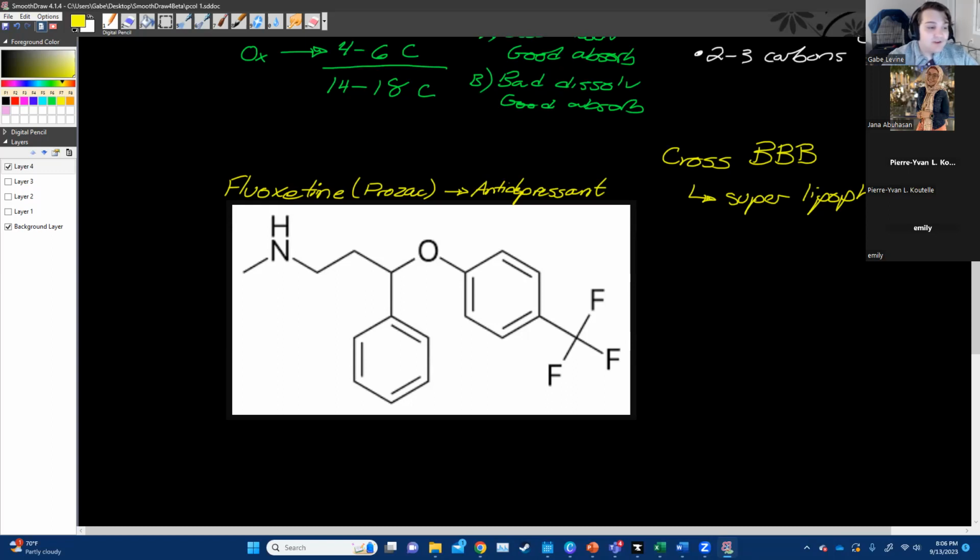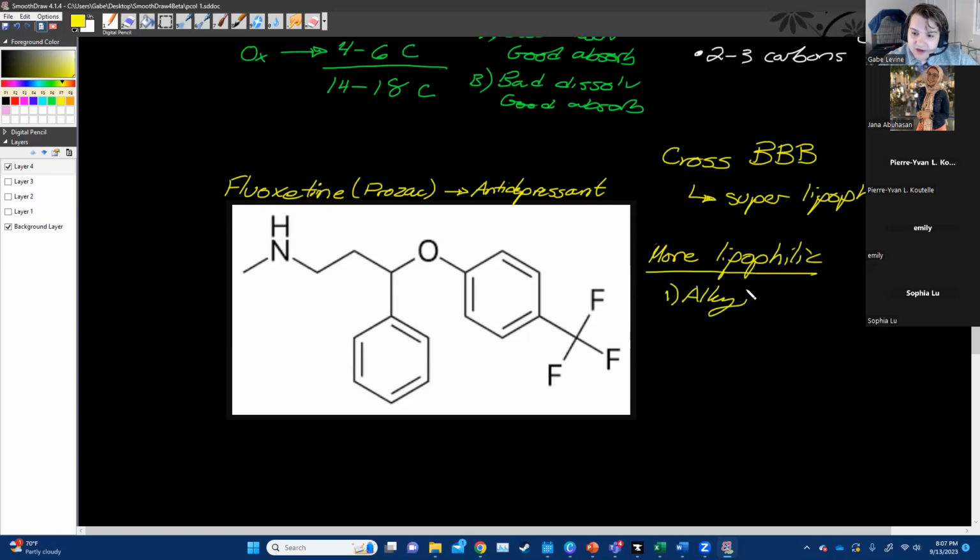So we can't just come up with any random structure that has lots of carbons on it. It still has to maintain a certain 3D shape. In order to make a drug more lipophilic, one of the key ways we can do this is with just regular old alkyl groups.